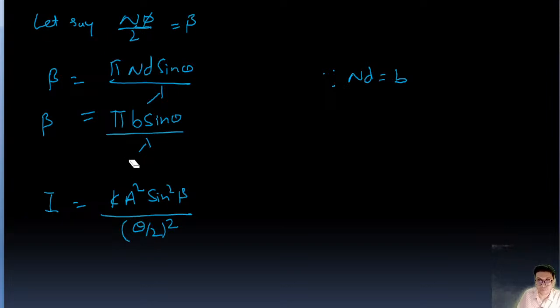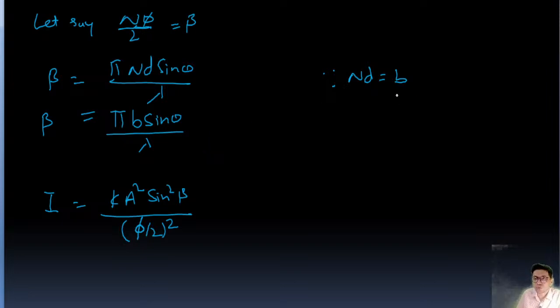Since we know beta equals n pi by 2, from here the pi by 2 value is going to be beta upon n. This is pi by 2, guys, not theta by 2, because sine pi by 2 is almost equal to pi by 2, because the angle is very small.